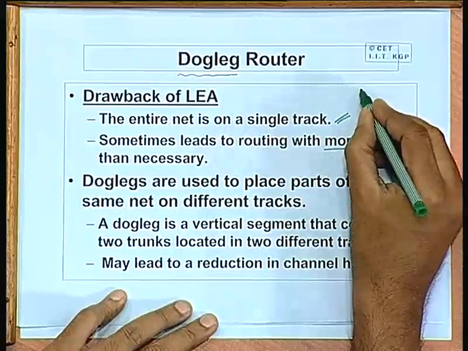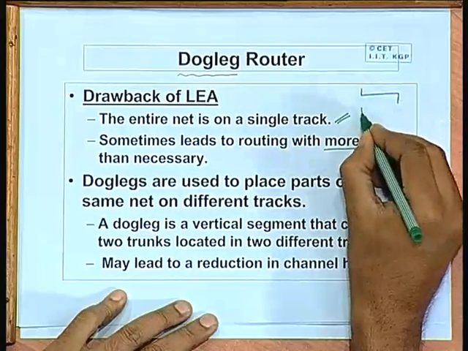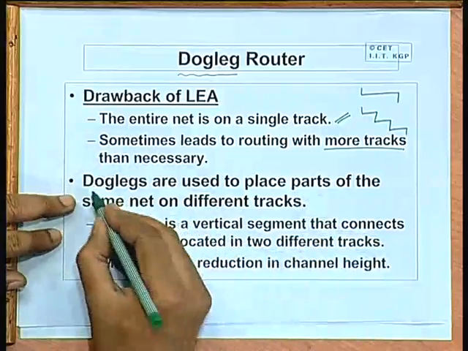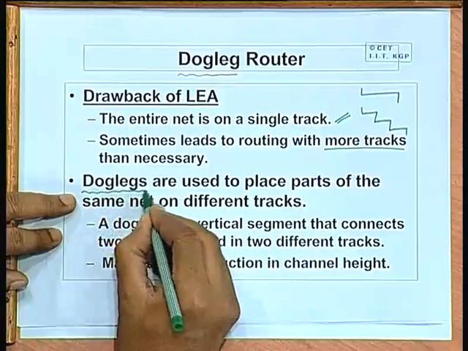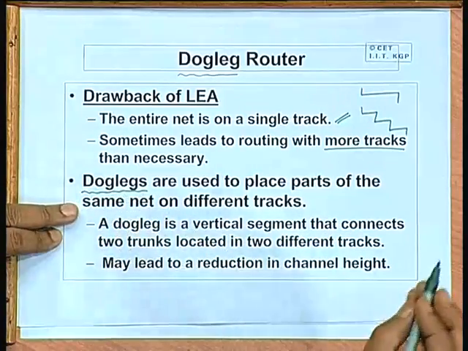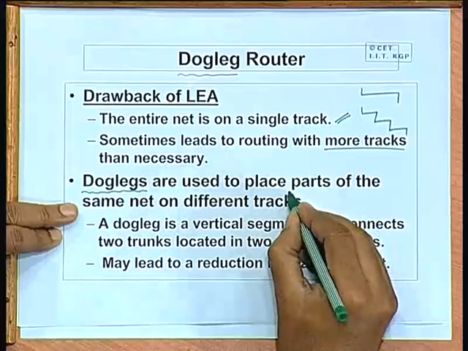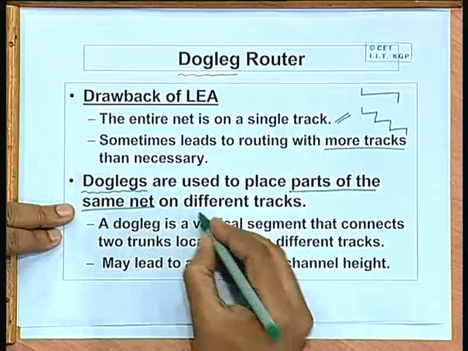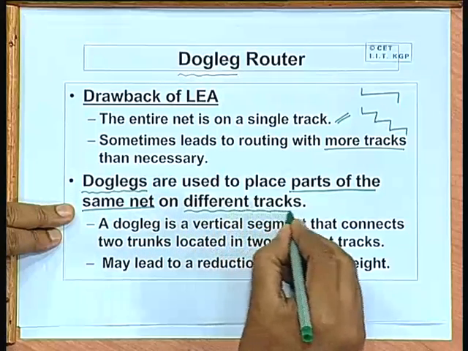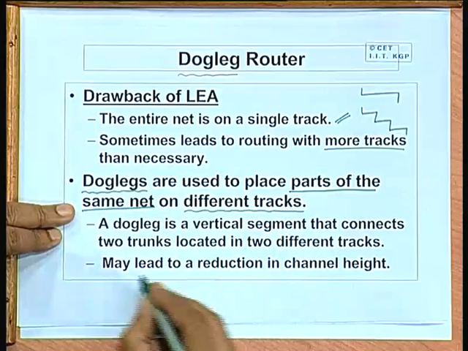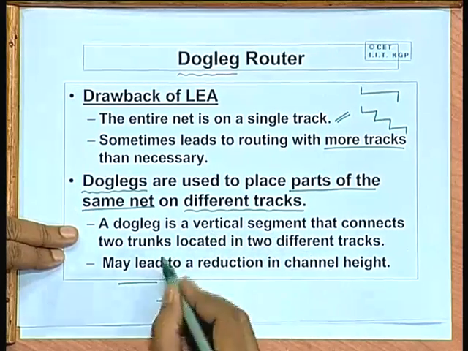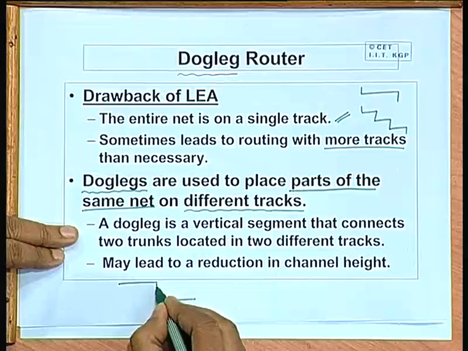So, this is one motivation where we can possibly look for an algorithm which can break a net across tracks. Say a particular net, instead of routing like this, we may route it like this. This is what is called a dogleg. In a dogleg, the basic idea is you are allocating parts of the same net on different tracks. When you have parts of the same net on different tracks, there will be some vertical segments on the other layer which will be joining these two.